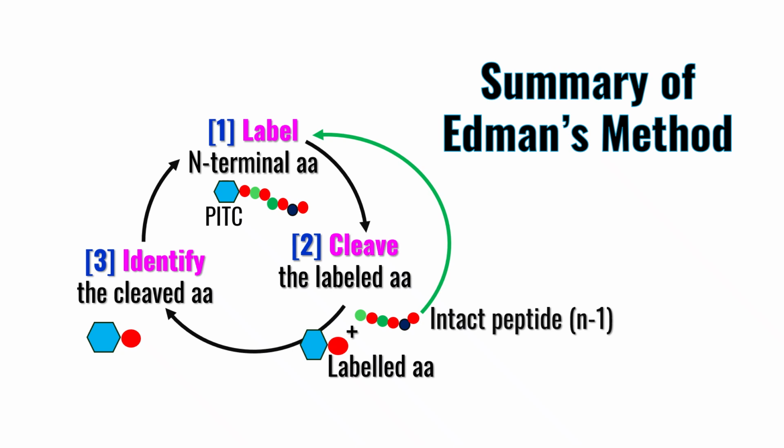In step 2, the labeled amino acid is identified by chromatography, and since the peptide has been regenerated, the cycle is repeated again and again in each fragment to sequentially identify amino acids till the end. So the 3 steps are repeated with each remaining peptide fragment in this method. The method is sensitive and it is automated also.